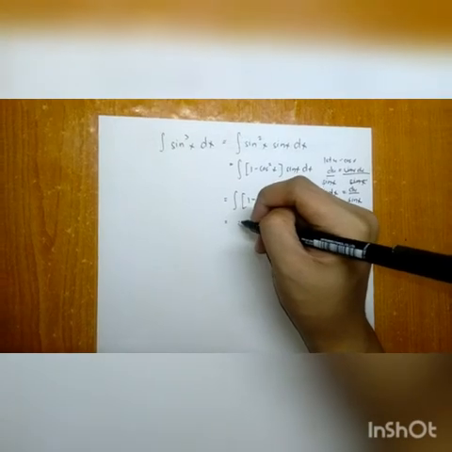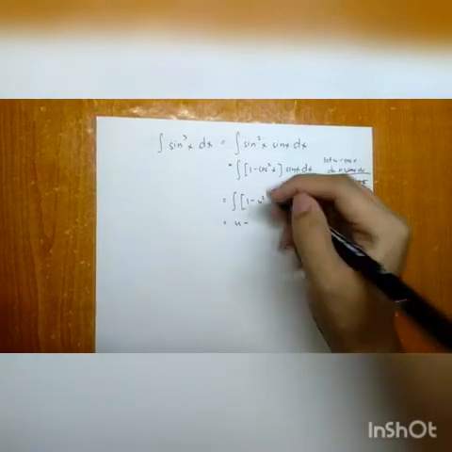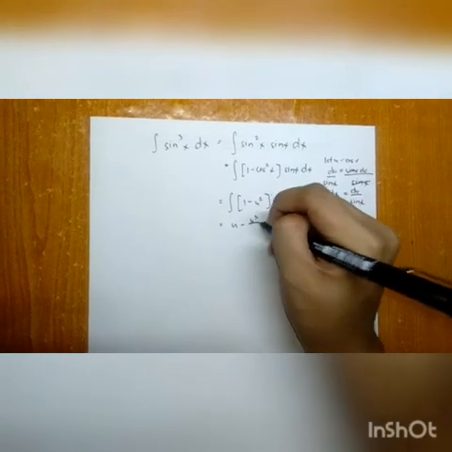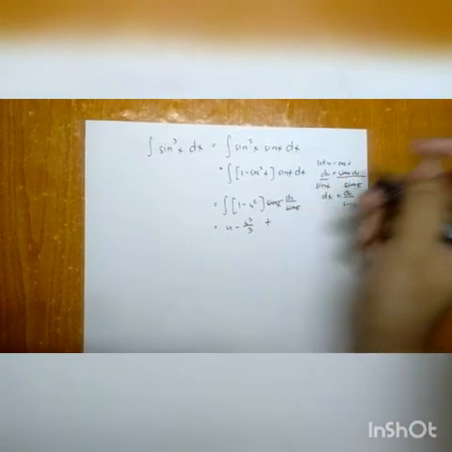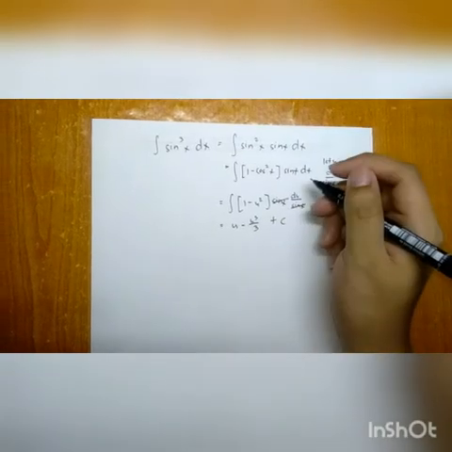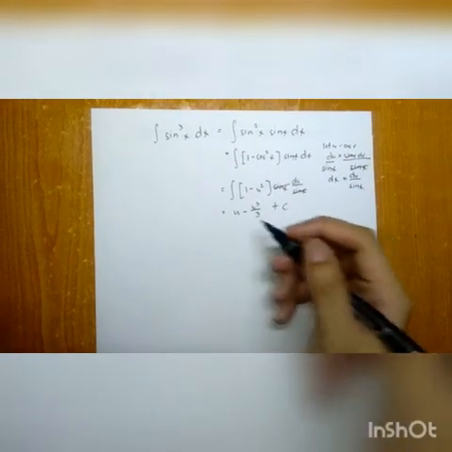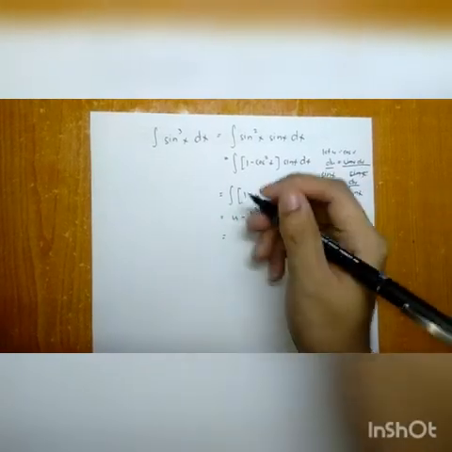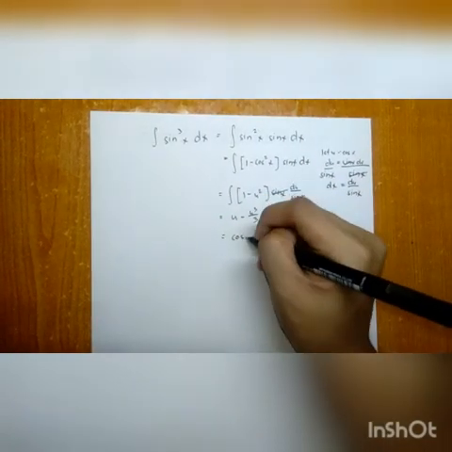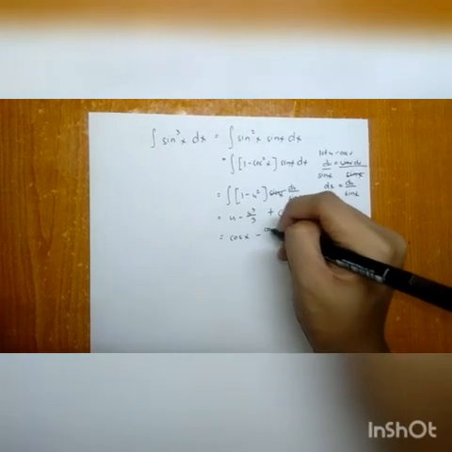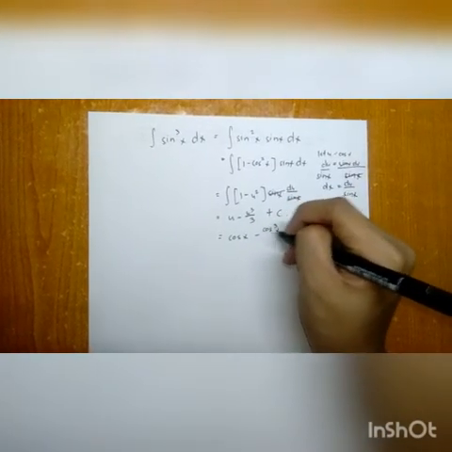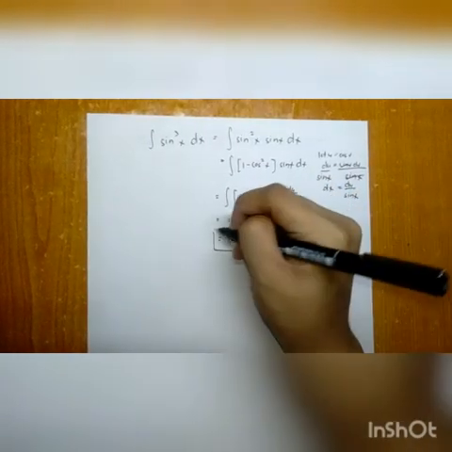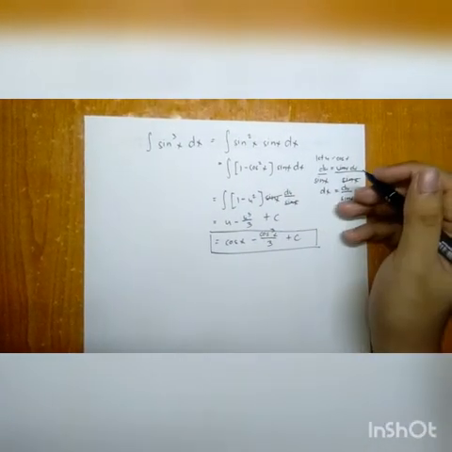The antiderivative of 1 is u, minus the antiderivative of u squared, which is u cubed over 3, plus c. Then, we will substitute again the u to its original form. It will be cosine x minus cosine cubed x over 3 plus c. Here is our final answer.